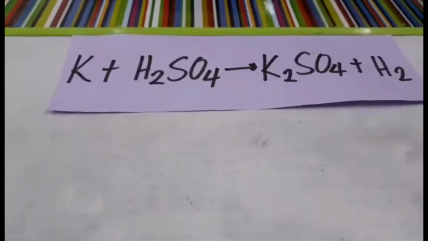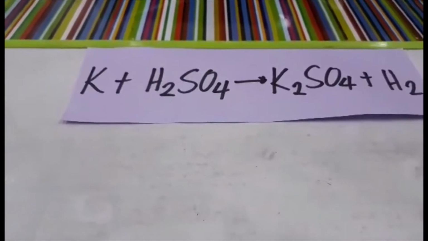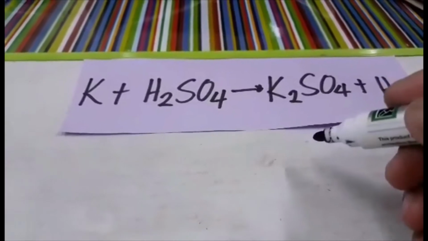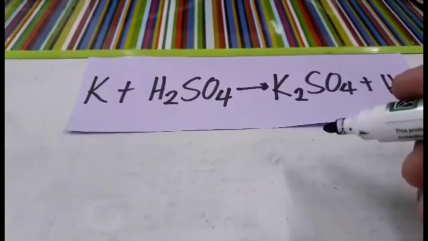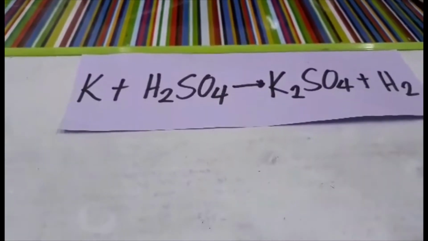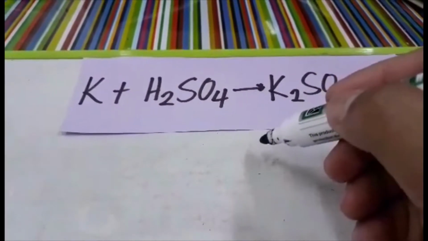So here is the first equation that we are going to balance. First, we're going to make our RAP. When we say RAP, R stands for reactants, A stands for atoms, and P stands for products. So what are you going to do? Identify the elements of the given equation.